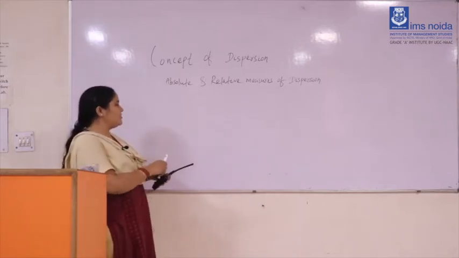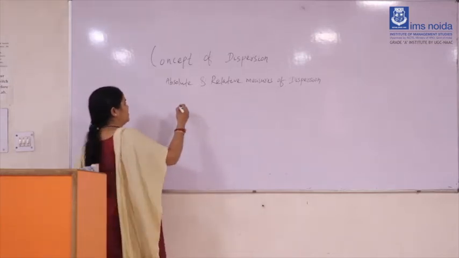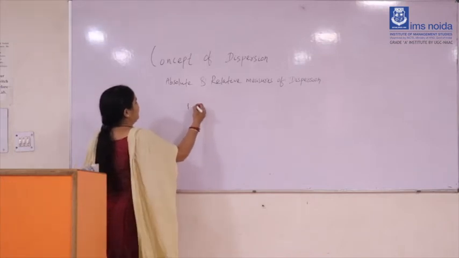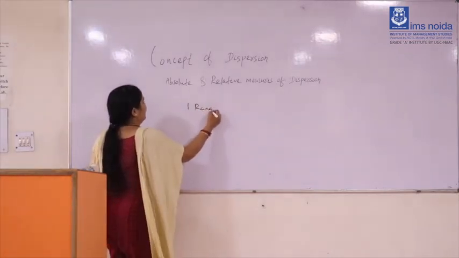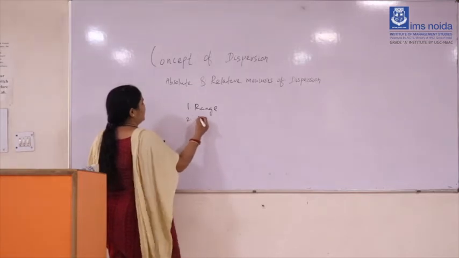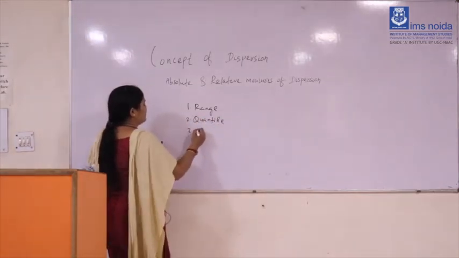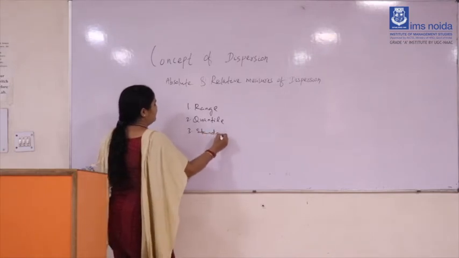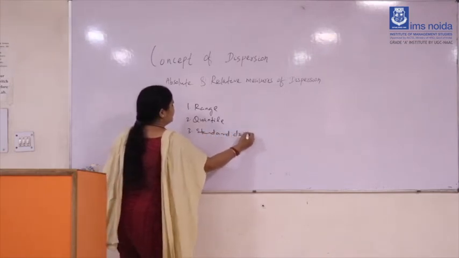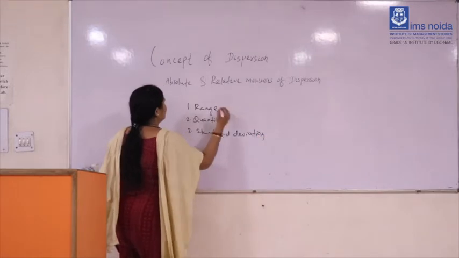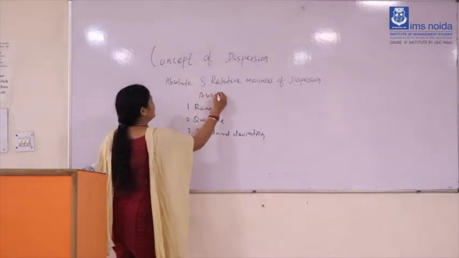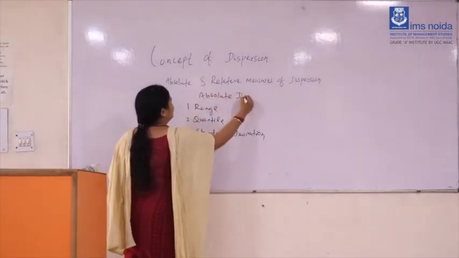One is your range, second is your quartile, third is your standard deviation. These come under absolute dispersion.